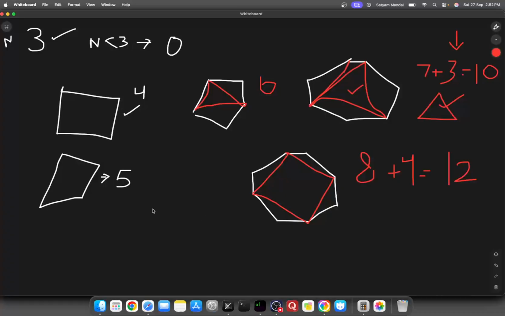So my solution is simple. If n is greater than 6, like 7 or 8, you just divide it by 2, and after dividing by 2, if it's still greater than 6, you do n by 2 again, until your n is less than 7, or you can say less than or equal to 6.